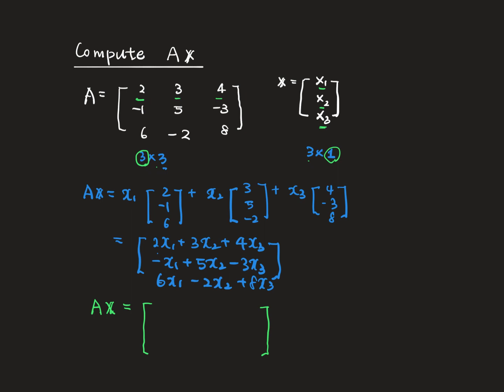The first row is 2 times x1 plus 3 times x2 plus 4 times x3. That's how you find the first row.